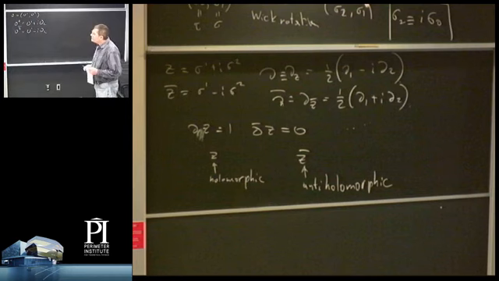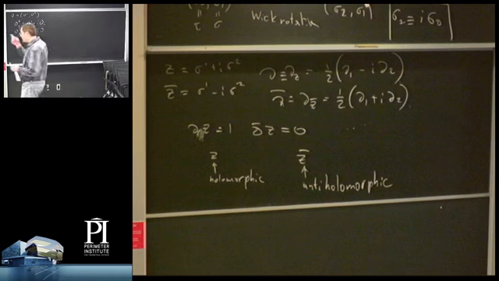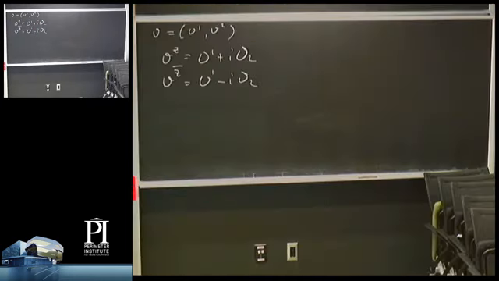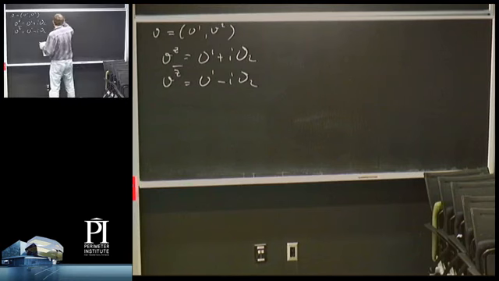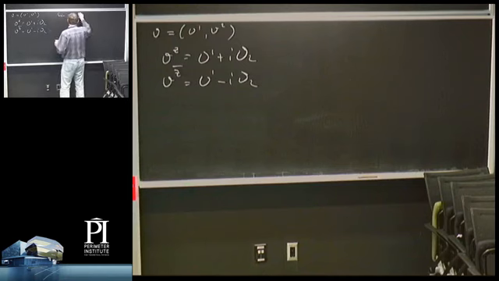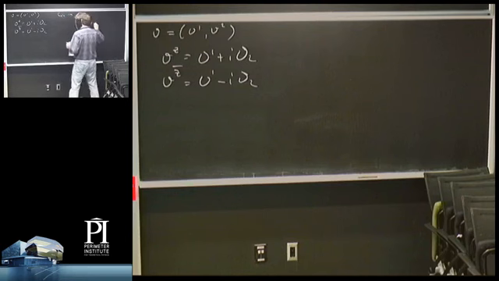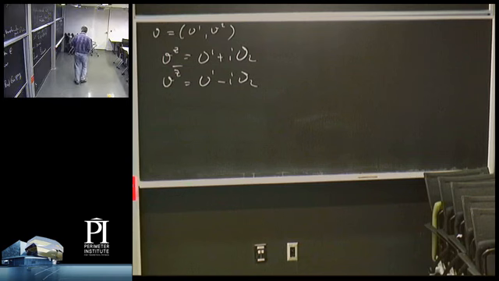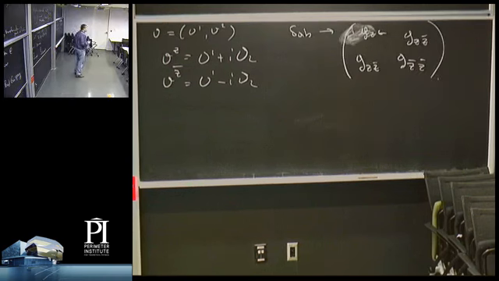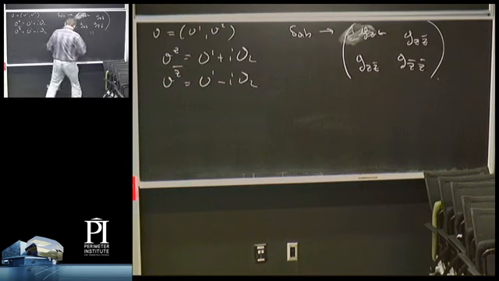Okay, so now what I did, I just changed variables, but the flat metric, which was delta AB, now I have to write down what the metric is in terms of these complex coordinates. So in this case, delta AB will go to g. So in general, I will have g zz, g z z bar, g z bar z, g z bar z bar. So that's our metric. And if we follow through with the change of variables, how does our metric transform?